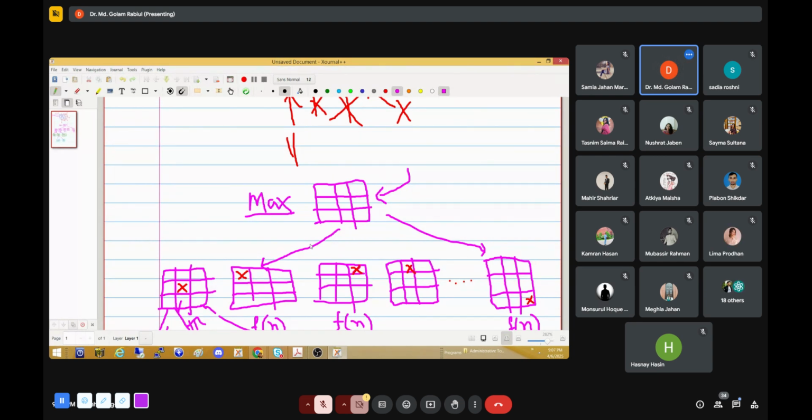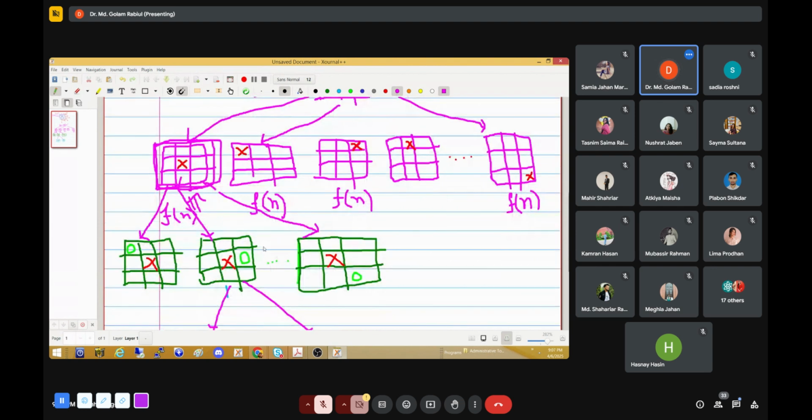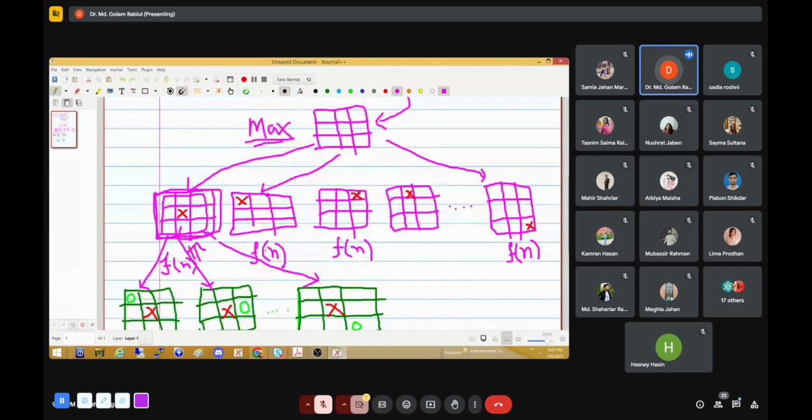But then after my movement, like my play, if I play in this direction, then at this stage I have to wait for the opponent's movement. And what will the opponent do? Opponent will try to maximize his or her profit. That means that will be a kind of minimization of my profit.